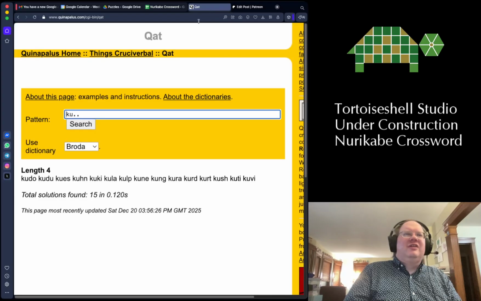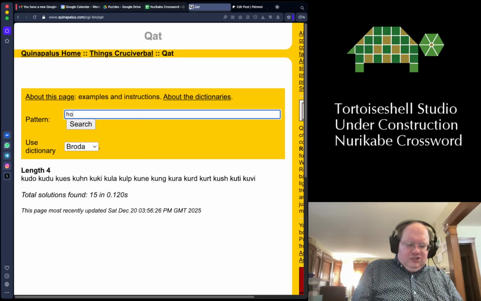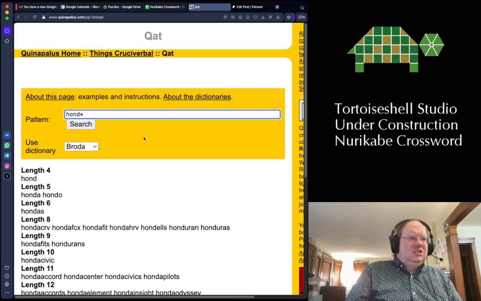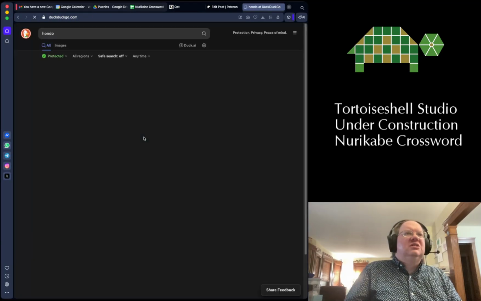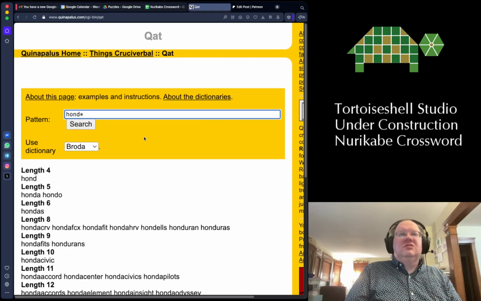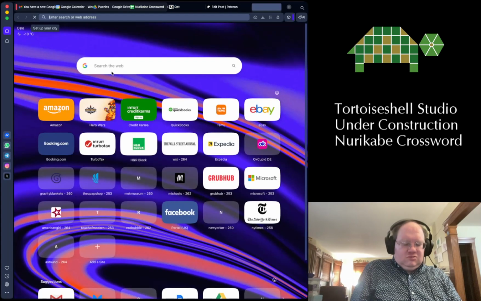Is there anything else that I can get for HOND? There's Hondo, and I don't know. Other than that, oh, Honduras, but what's Hondo? Western. What was it?